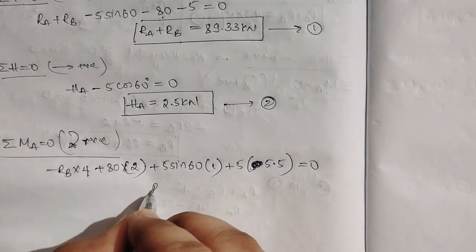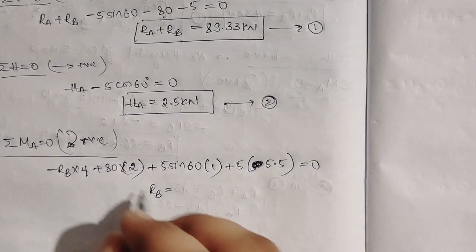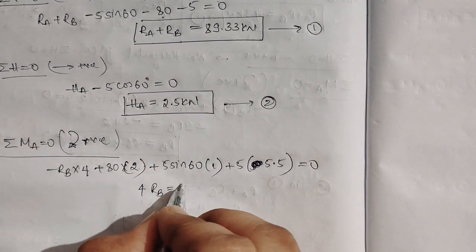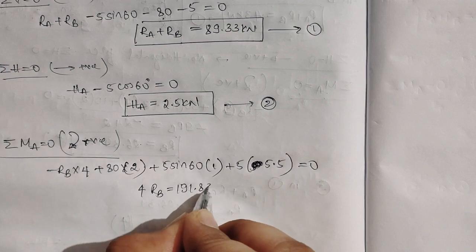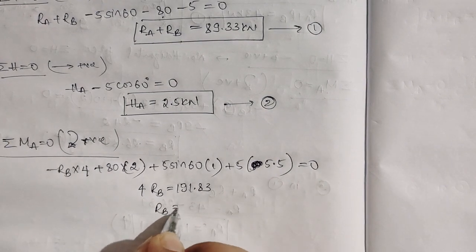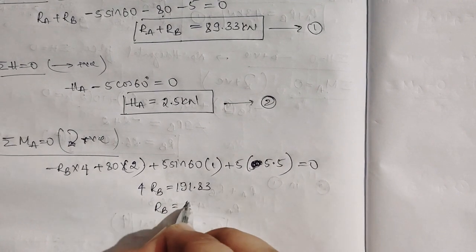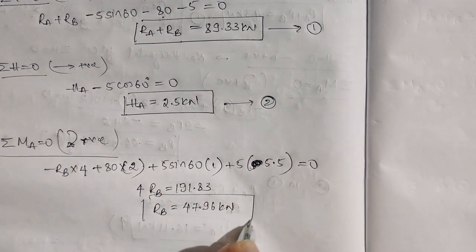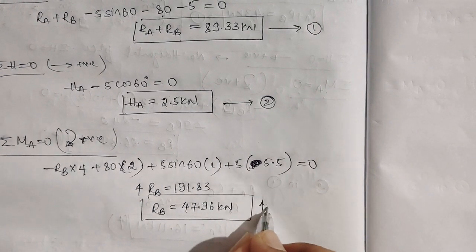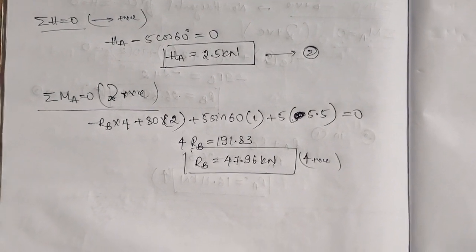So RB is equal to, I'll calculate this, 4 RB is equal to 191.83. RB will be 47.96 kilonewton, and it is upward, it is taken as positive, and it is correct. So I got RB.